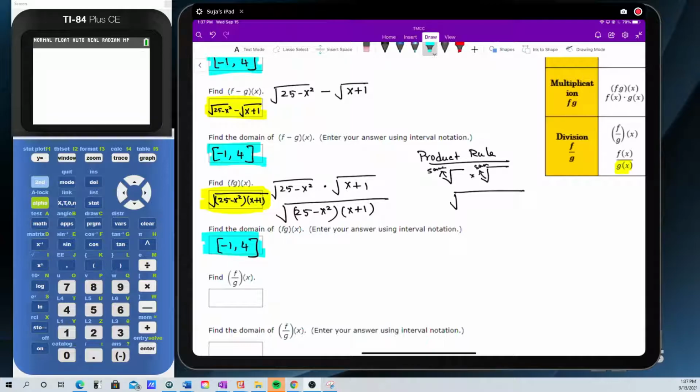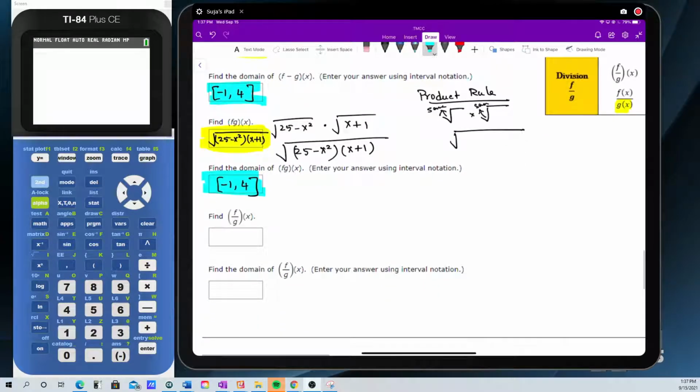Okay, the last one is division. So taking the two functions, square root of 25 minus x squared over square root of x plus 1. Same as the before one, there is something called a quotient rule. These are all the prerequisite skills.